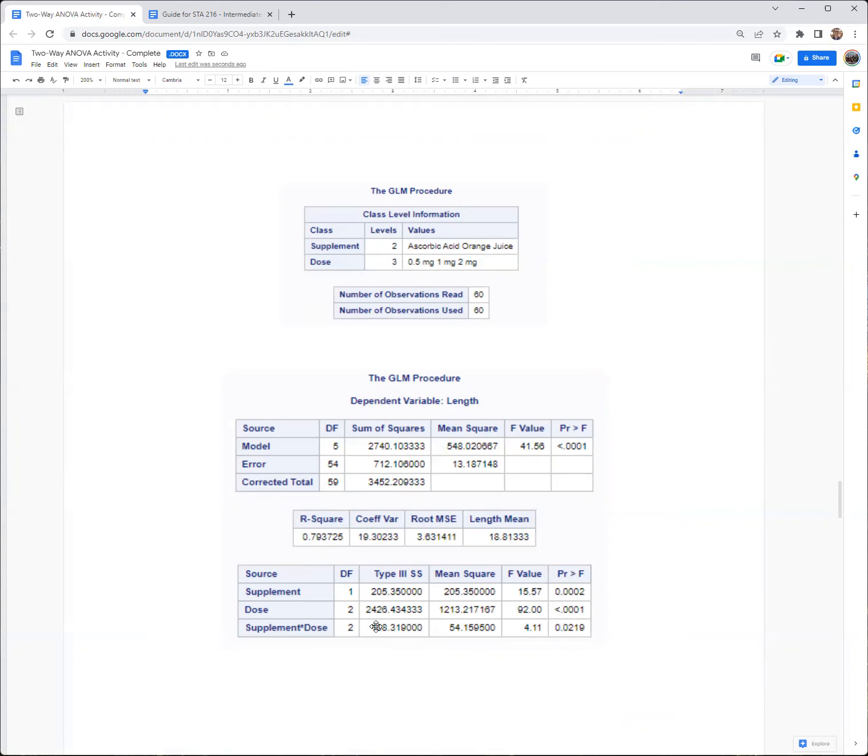If we had dropped the interaction term from the model, we could then consider dropping dosage or supplement from the model as well. But again, since we're keeping the interaction term, which is what we look at first always, we just keep the whole model now as it is, because we must keep the subcomponents of the interaction.